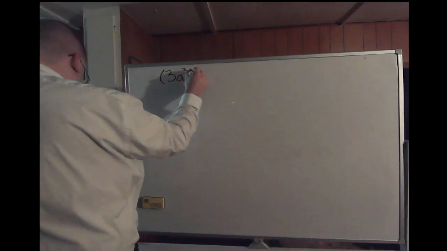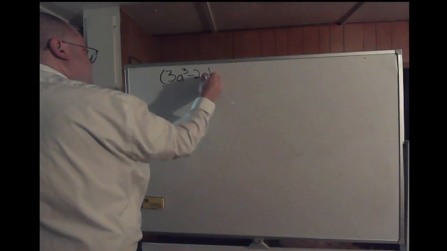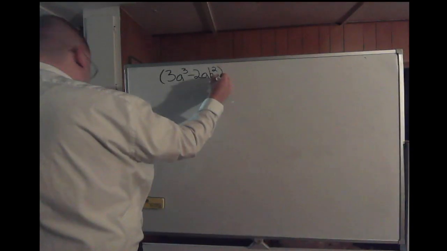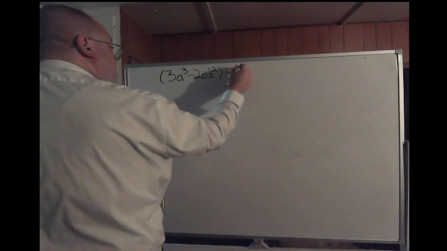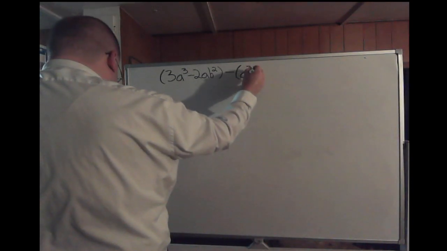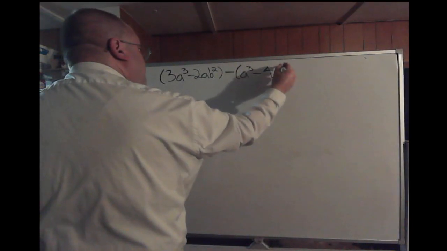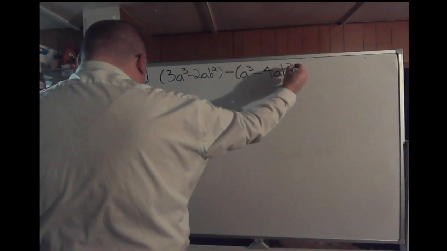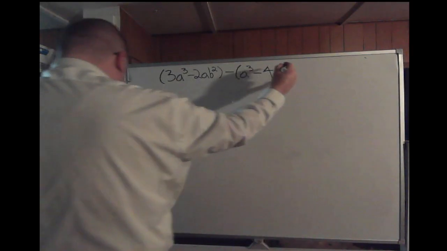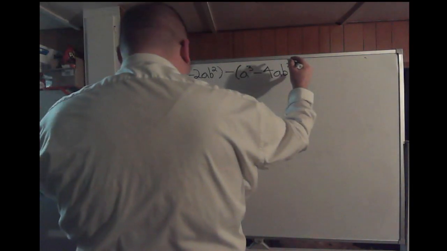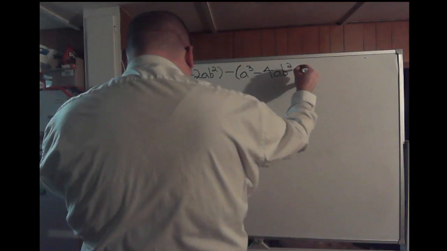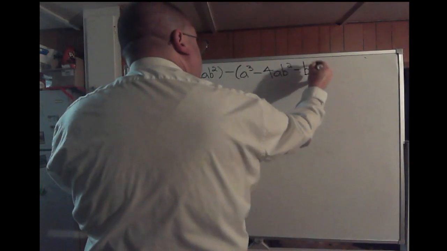Alright, let's see here. We have 3a to the third minus 2ab squared. That quantity minus the quantity of a to the third minus 4ab squared minus b to the third.